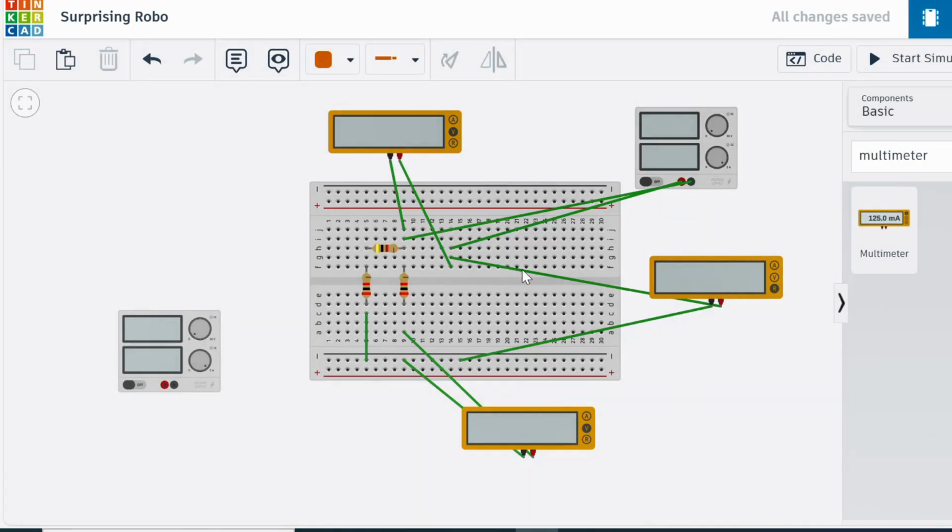And you can do this by just putting one wire between the 2K and the ground. So now we have short circuited the 2K resistor, or sorry, we have short circuited the 3 volt source.